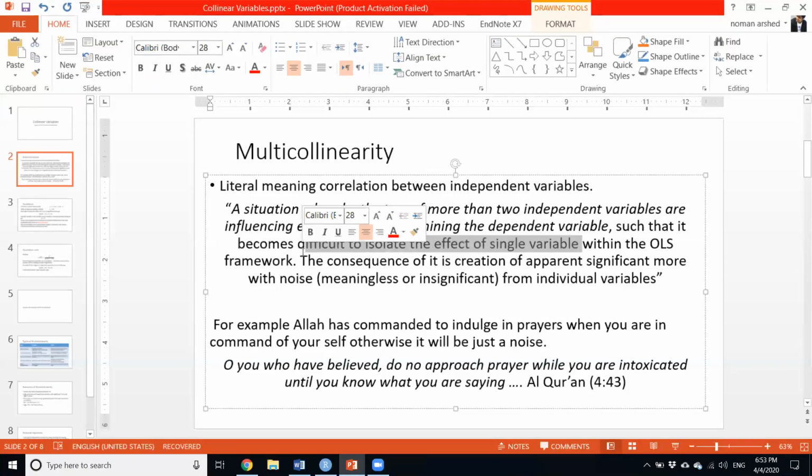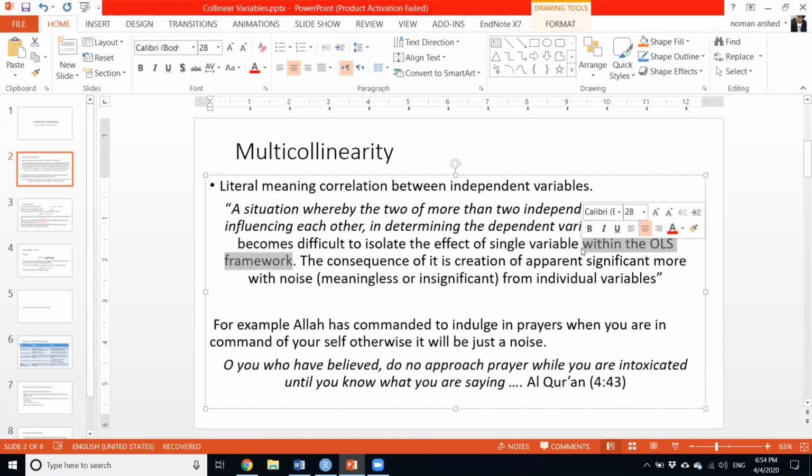At first hand they were selected to affect the dependent variable, but at a second stage they are also affecting each other. It means it will become difficult to isolate the effect of an independent variable on a dependent variable within the OLS or simple regression framework that we discussed.